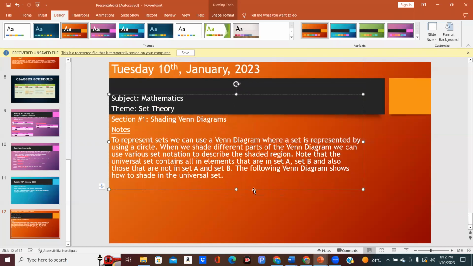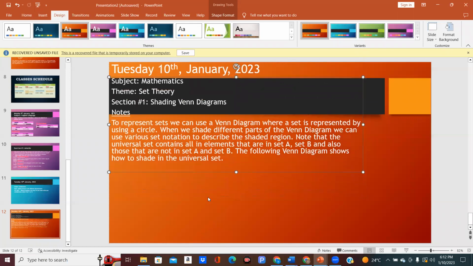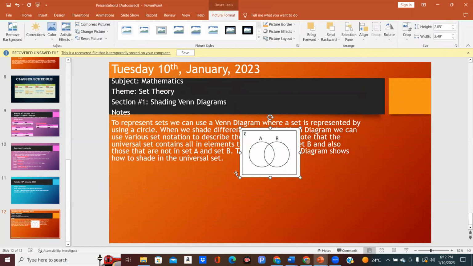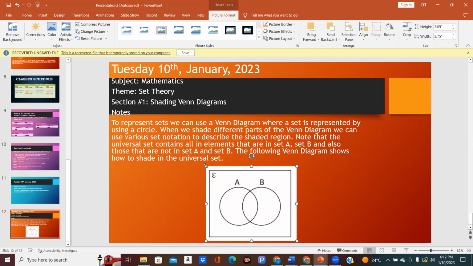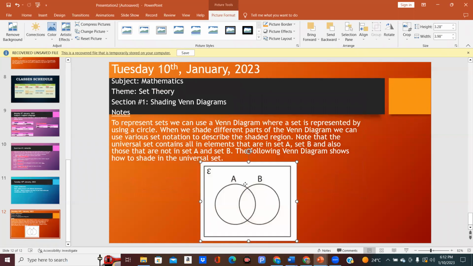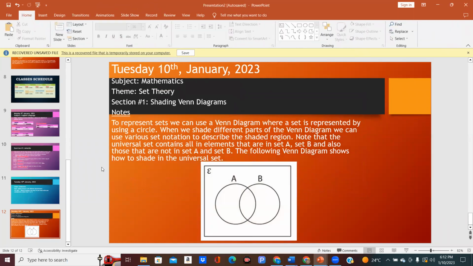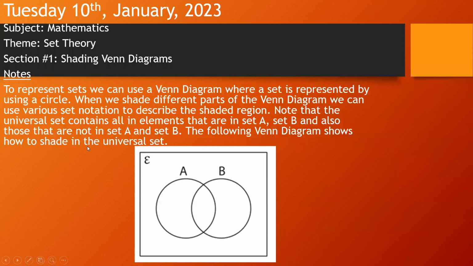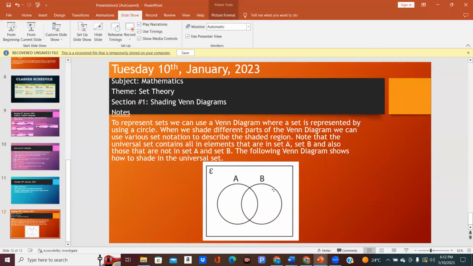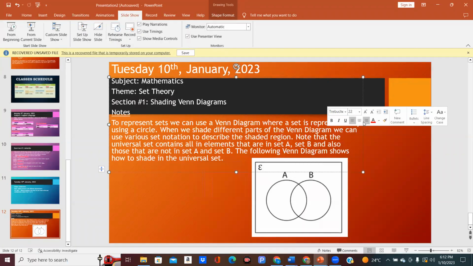If we have a Venn diagram and you want to shade in the universal set, remember the universal set contains everything. All the elements that are in A, all the elements that are in B, all the elements that are in this intersection, and all the elements that are not in A and not in B. Let me put this on this side because I might be able to see it better.